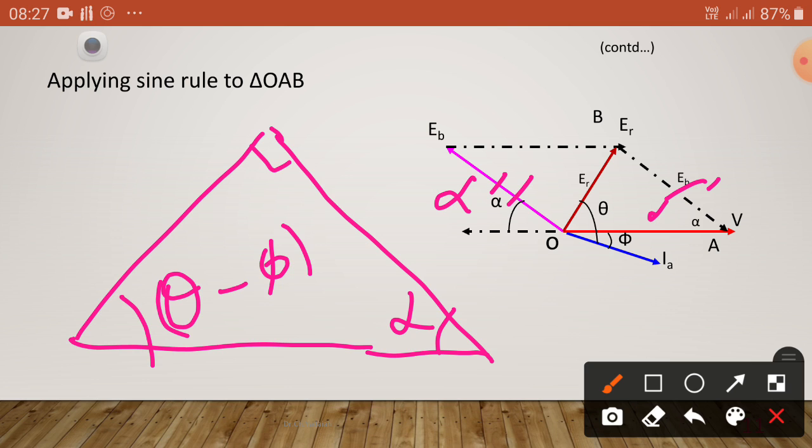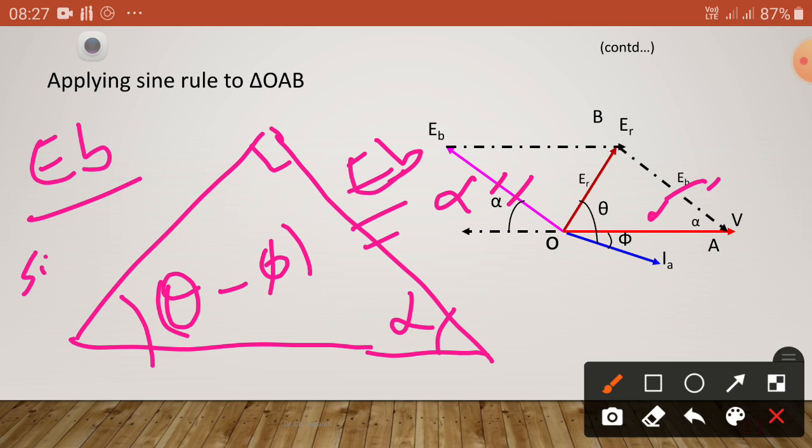I want this side, which is called EB. EB by the sine of the opposite angle, sine of theta minus phi, I can write that.